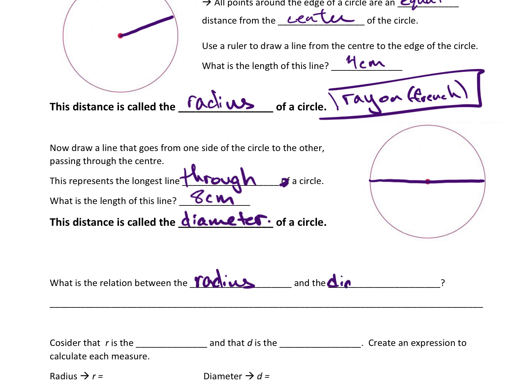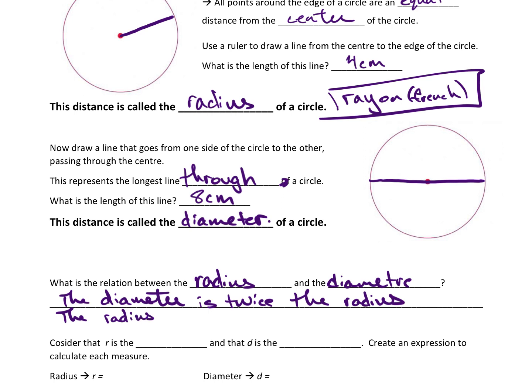The relationship is that the diameter is twice the radius. And the radius, the opposite way, is half the diameter.